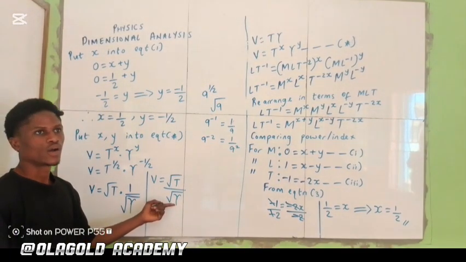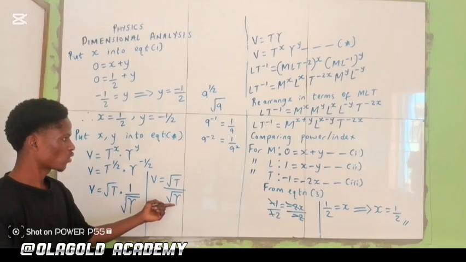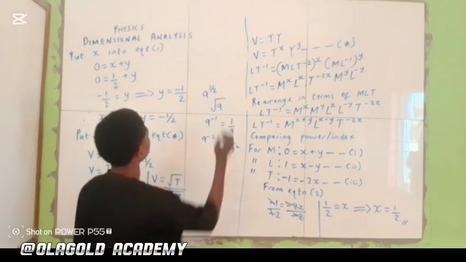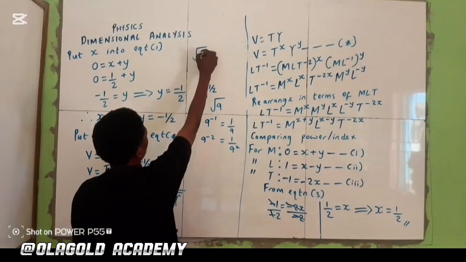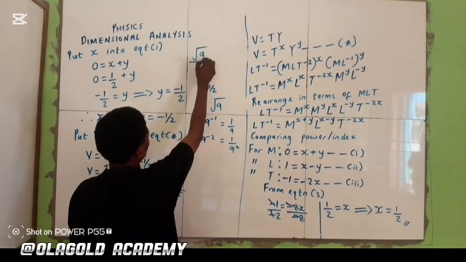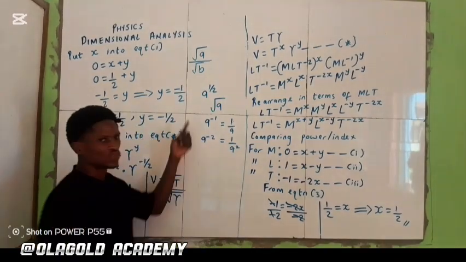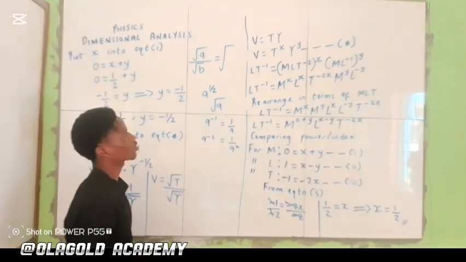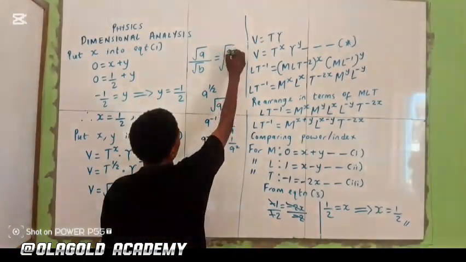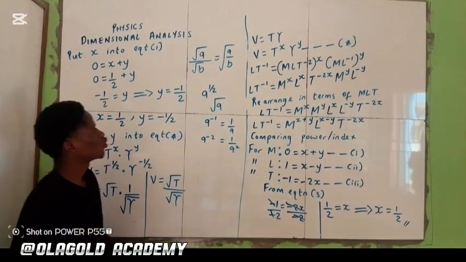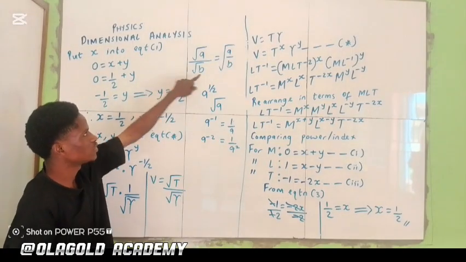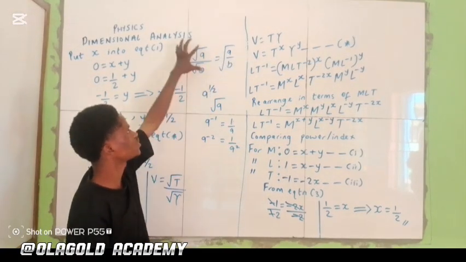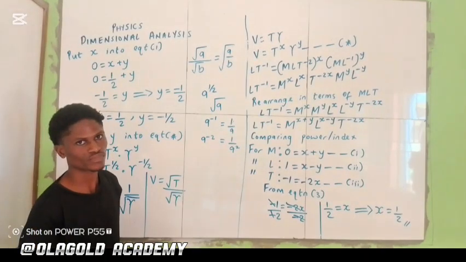Now, in mathematics, if we have root a over root b, it's the same thing as root covering everything, which is root of a over b.